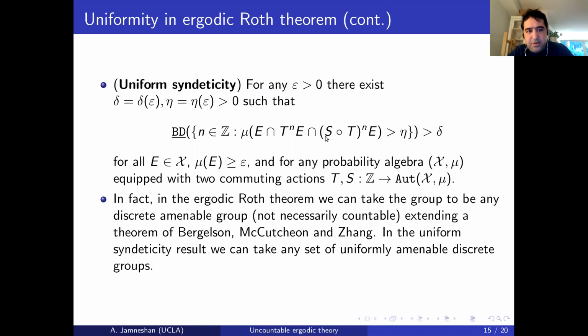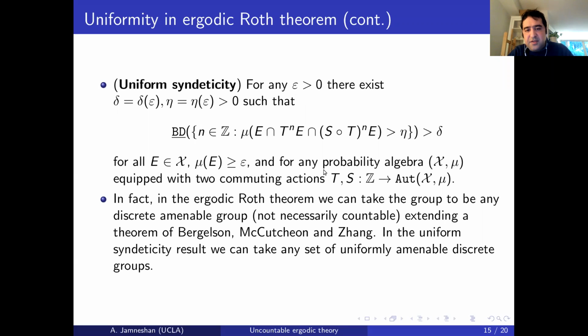But now this should happen for all sets in some probability algebra with measure at least epsilon. And now this should happen uniformly for all systems. That means for all probability algebras, which are equipped with two commuting actions. So in fact, the statement here tells us that whenever we fix an epsilon and focus on sets, only the measure of that set matters.